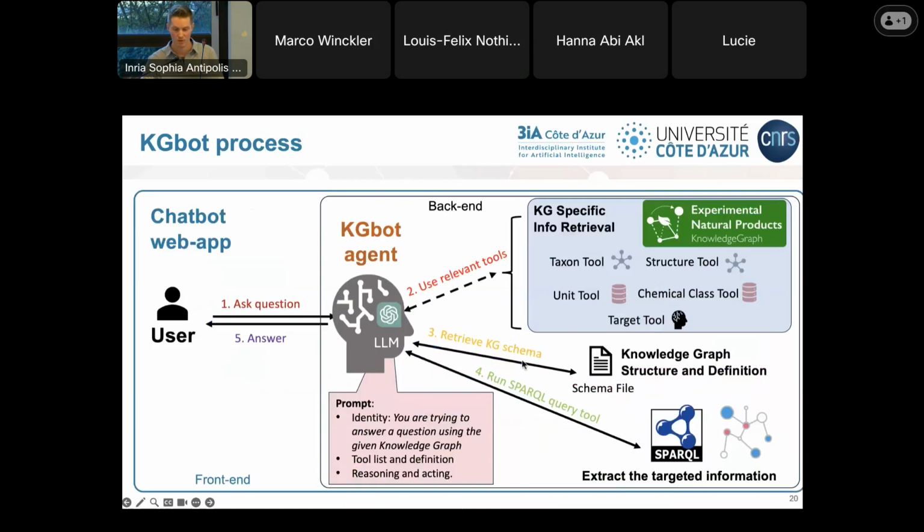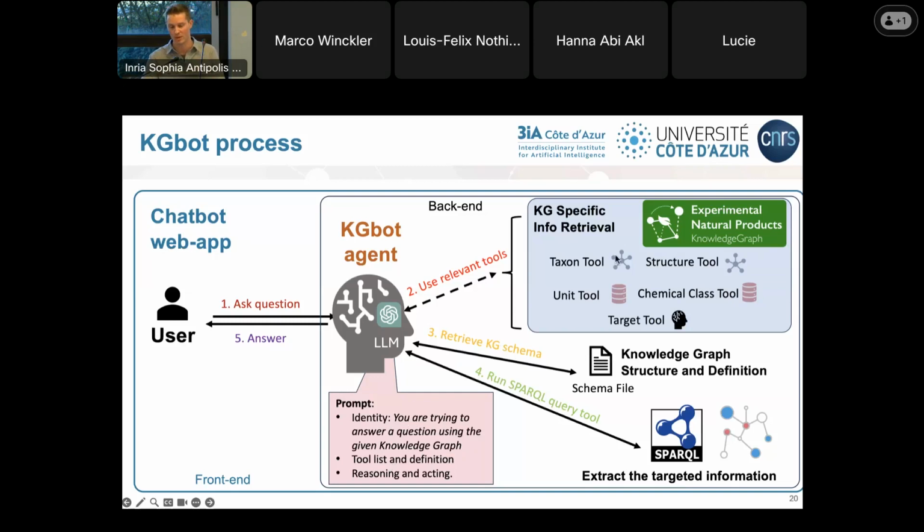Another view of it is in this manner. This is a conversational agent, a chatbot. The user can ask a question to the LLM, which plays the role of a maestro, and will decide based on its information. Its role is to answer on the knowledge graph using a set of tools.